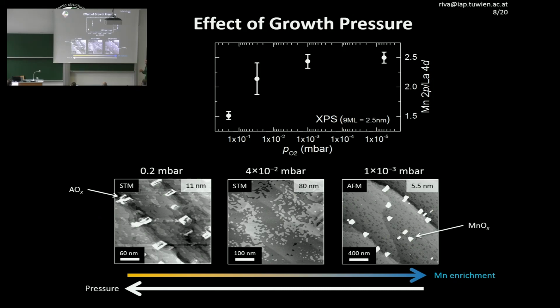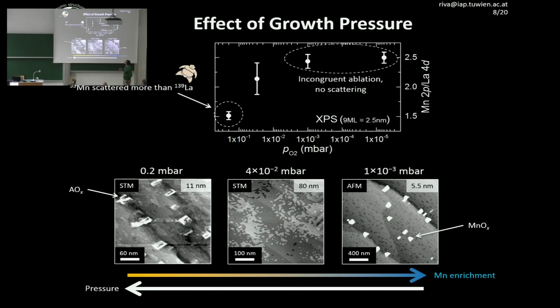So that means that at low pressures where everything that you remove goes more or less straight on, you find a lot of manganese at the surface, while at higher pressure, the manganese is much lighter, so it would get scattered more out of the forward direction where your sample is. And you end up with an enrichment of the A-site cations. So all in all, that means that there seems to be some optimal pressure somewhere over here where we can actually grow thick films without degrading the morphology.